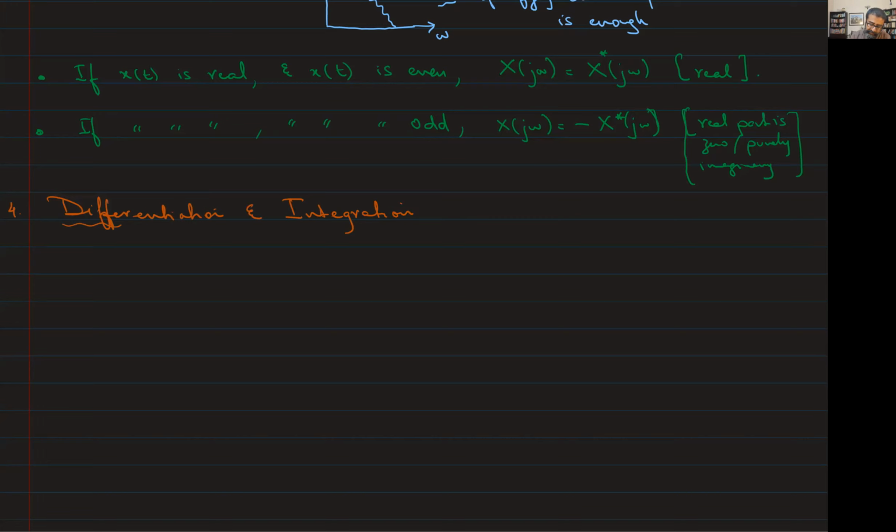Let's discuss differentiation first. If x of t has a Fourier transform X of j omega, the question is, what is the Fourier transform of the derivative of x?